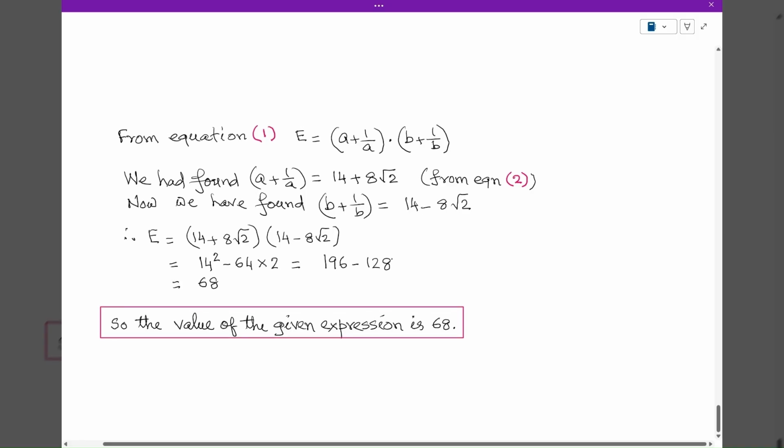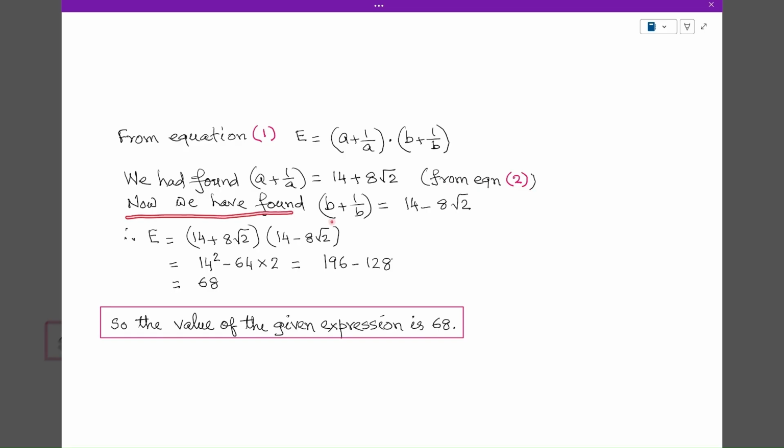From equation 1, E was A plus 1 by A multiplied by B plus 1 by B. We have found A plus 1 by A is equal to 14 plus 8 square root of 2 from equation 2. Now we have found that B plus 1 by B is equal to 14 minus 8 square root of 2.